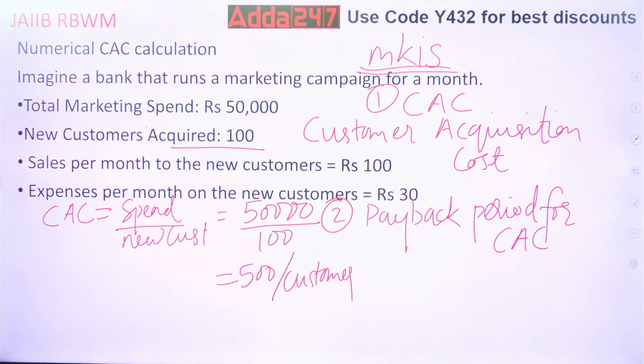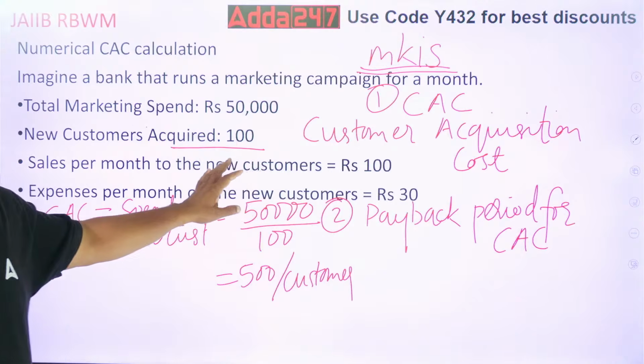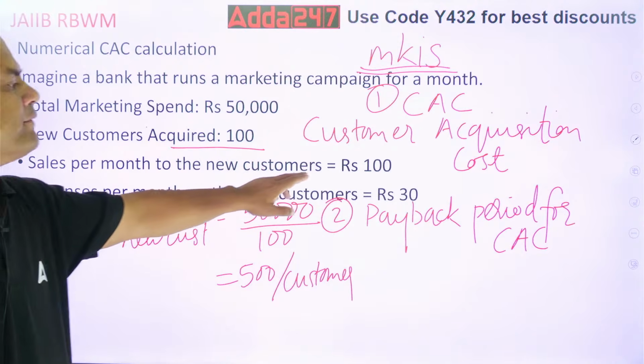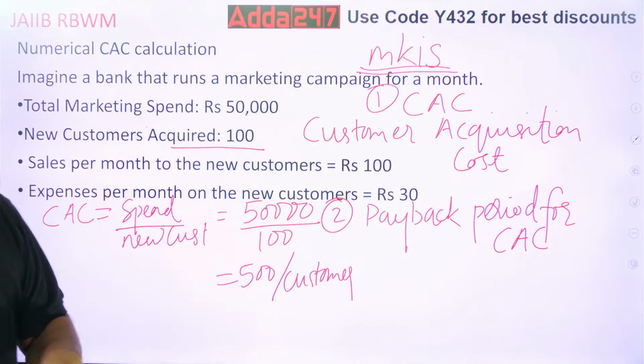30 rupees, okay. Which one 30? I'll just explain. Hold on. Danishka, 30 rupees, explain. Which is 30? See, this 30 is given. This will be given to you in the problem. 100 rupees is the sales and 30 is the expense per customer.